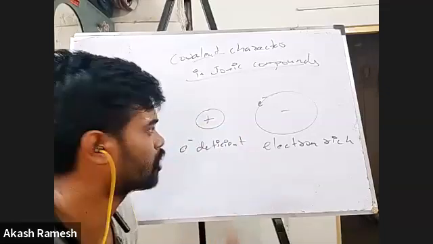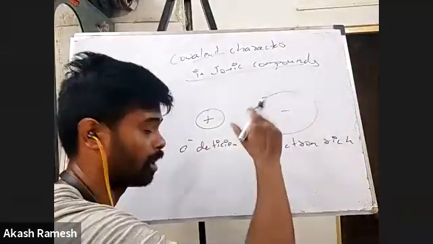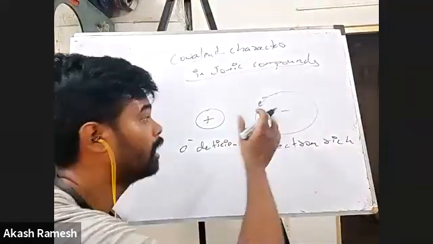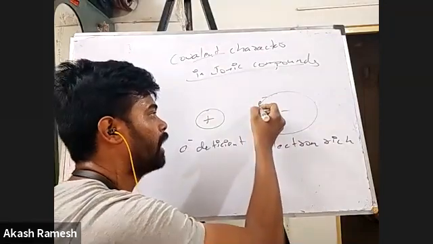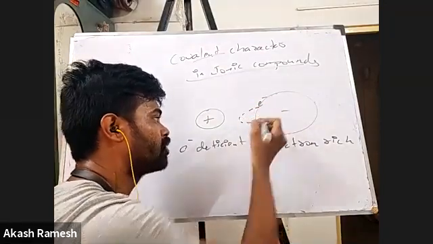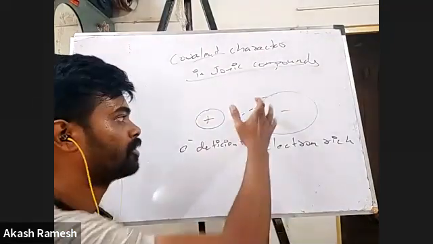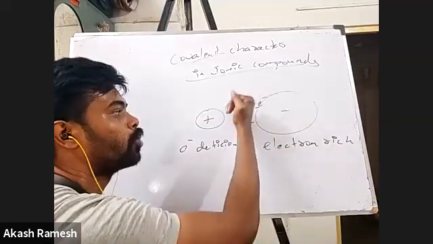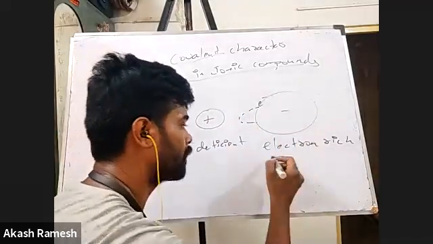If it is a perfect sphere... because I have some attraction here, I am going to have a distorted field like this. This electron which is here is actually moving towards the cation.